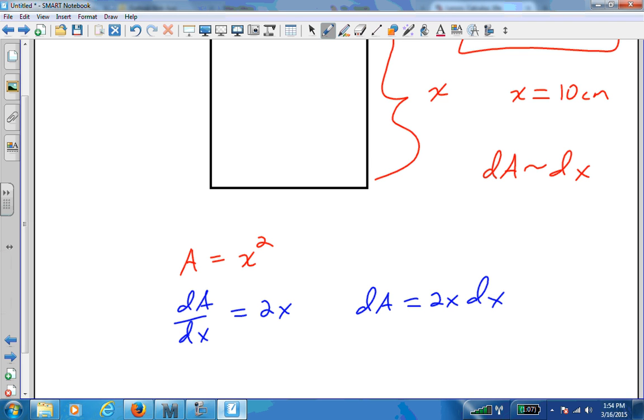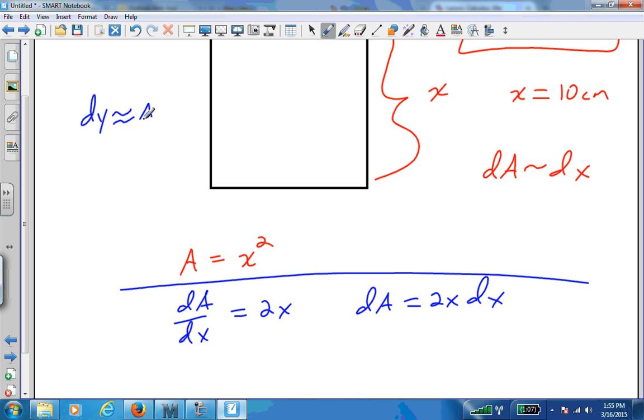Now, keep in mind that when we talked about this in class, we said that dA or dy or dV, whatever, is approximately the change in your function. If we only have a small error or make a small change in the x direction, then those are very close.